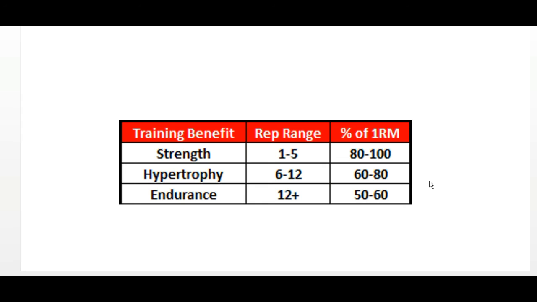As I say, regardless of who you are, you have a certain percentage of fast twitch and a certain percentage of slow, and the hypertrophy range allows you to use enough weight and do enough reps to really target both types of muscle fibers and therefore benefit from both.